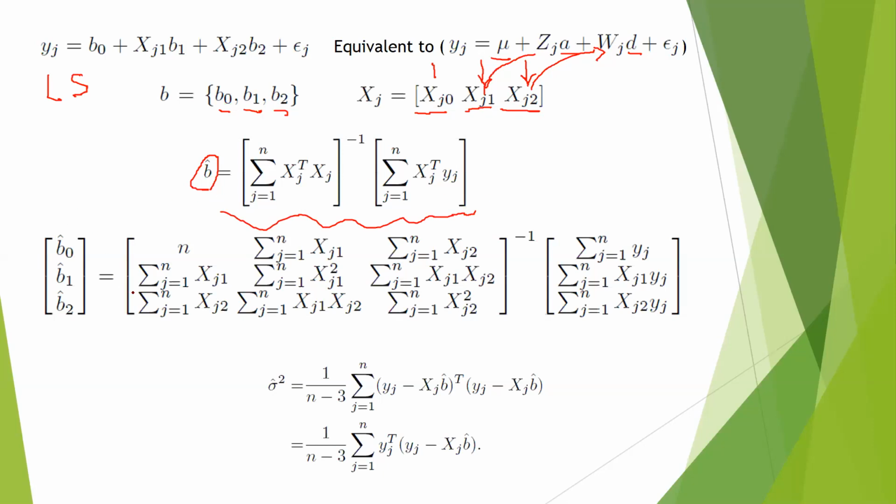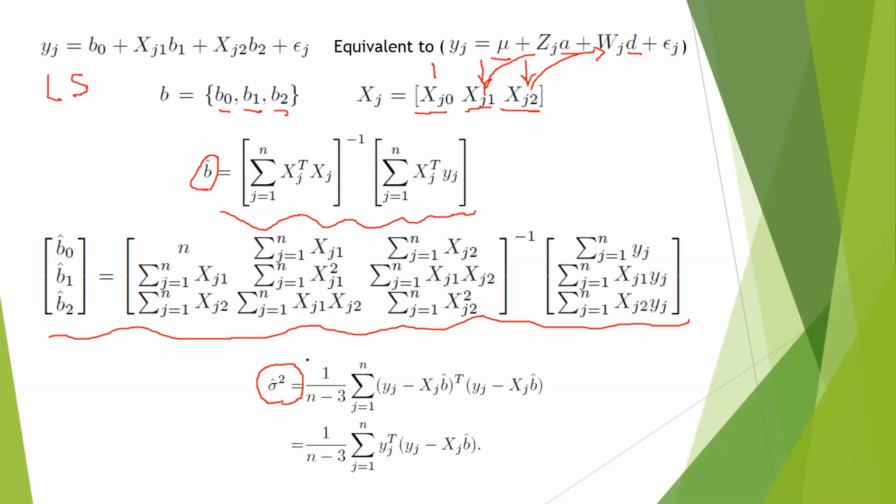And this is the complete form. We can also estimate the variance of the residual error. Here we have a model with 3 parameters, so when you use the data to estimate these 3 parameters, you lose 3 degrees of freedom.